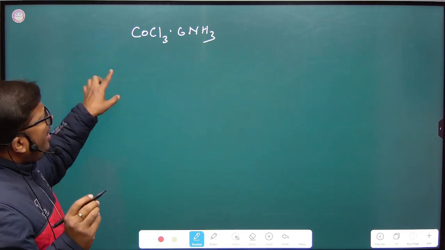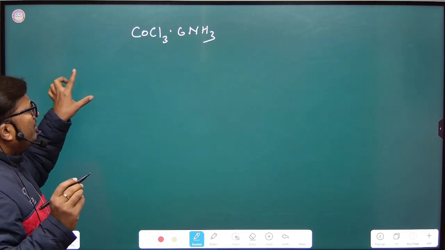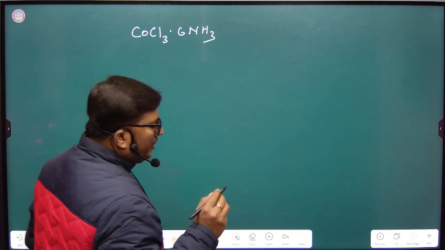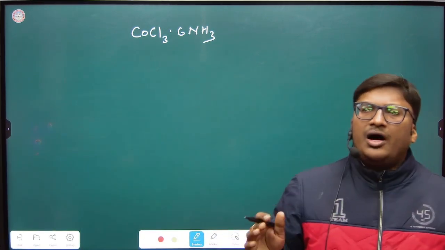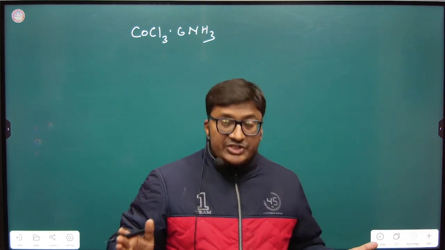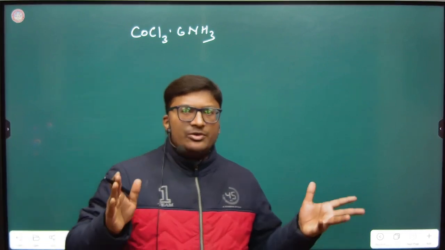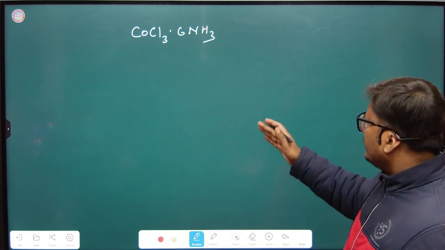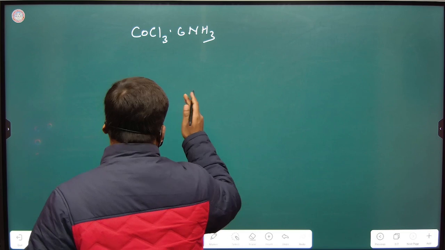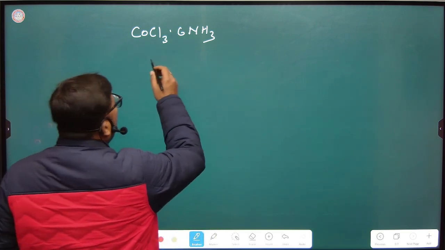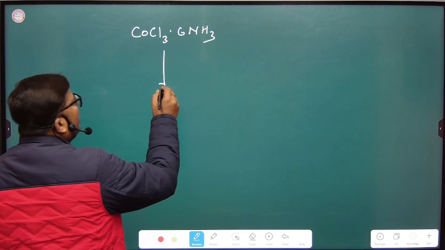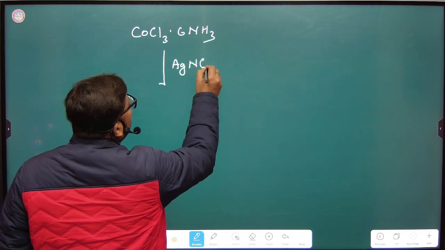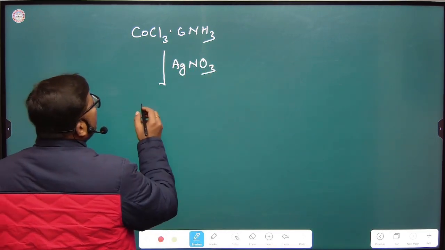To explain the behavior of this adduct, he used another reagent, silver nitrate, to explain the behavior of this kind of chemical adduct. In excess, he added AgNO3.